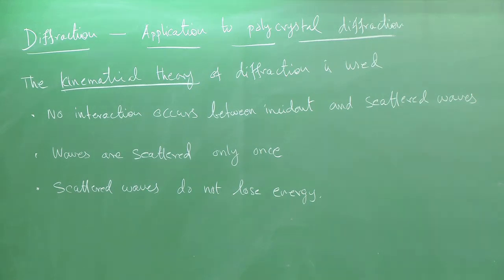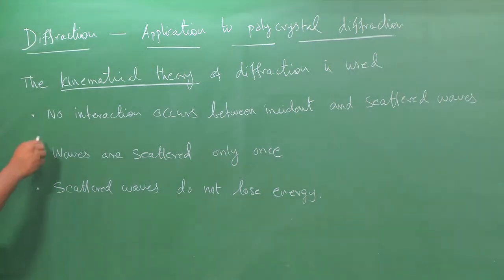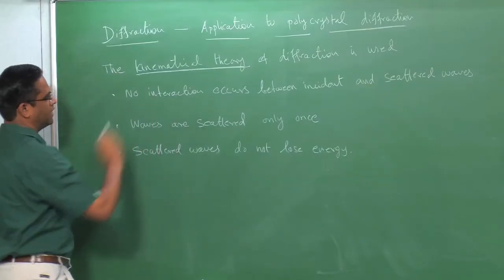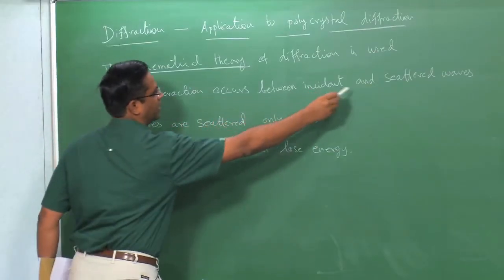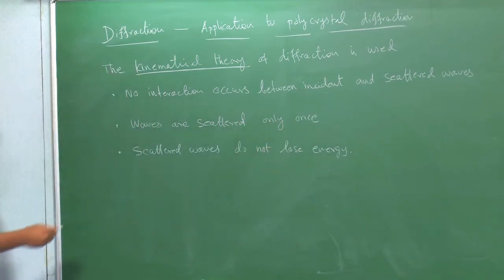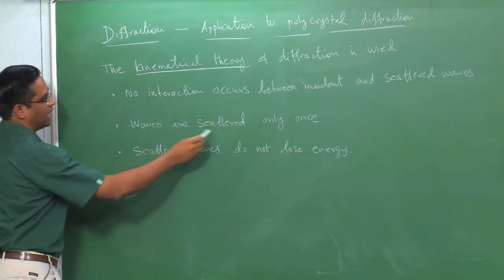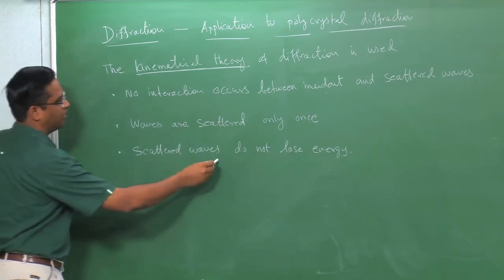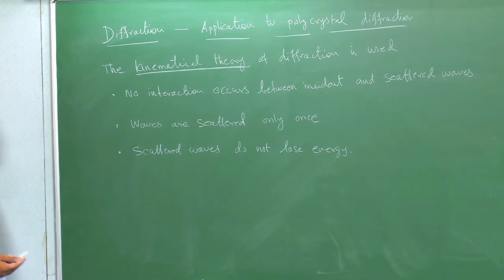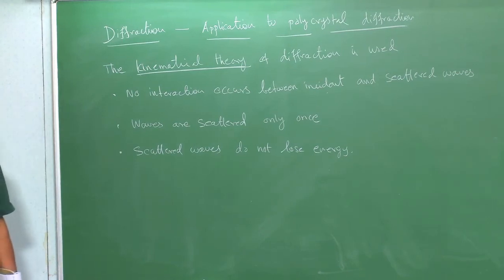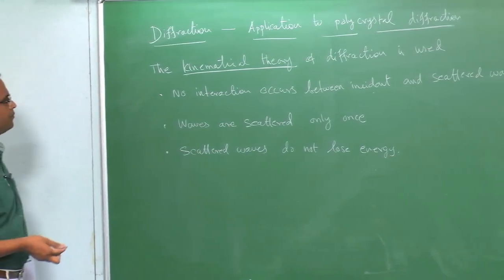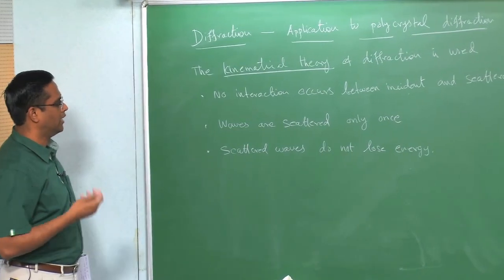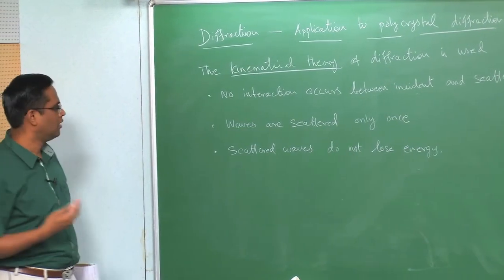The kinematical theory of diffraction assumes these 3 points: no interaction occurs between incident and scattered waves; secondly, waves are scattered only once; and thirdly, scattered waves do not lose energy. So, based on these assumptions, the intensity of the X-ray is calculated.